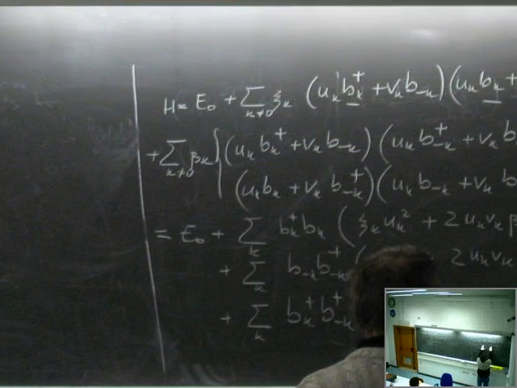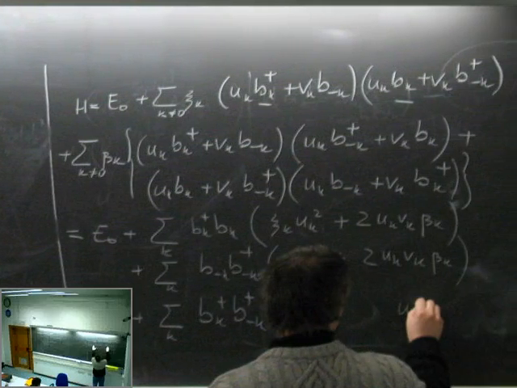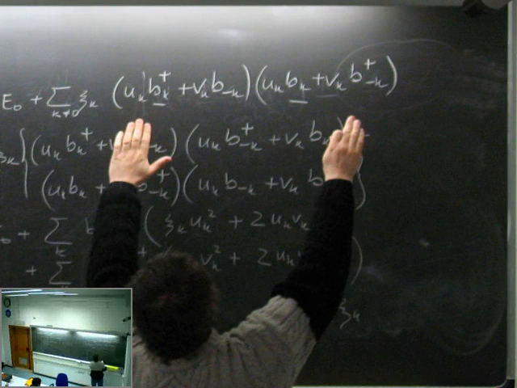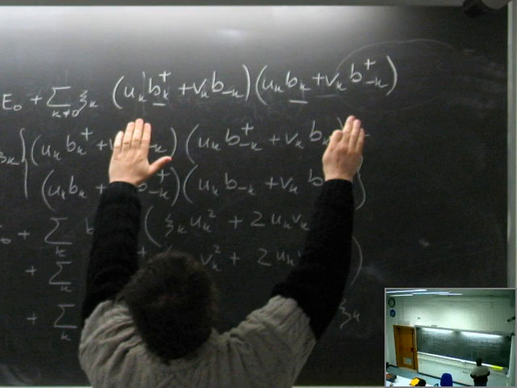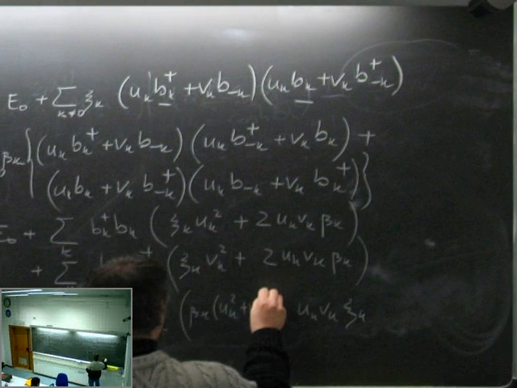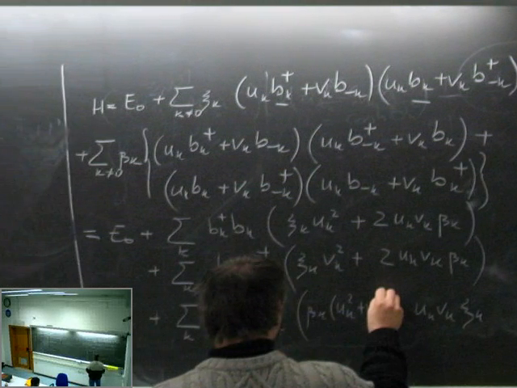It is coming from here. No, it's once, sorry. And then I have UK square plus VK square times beta K.